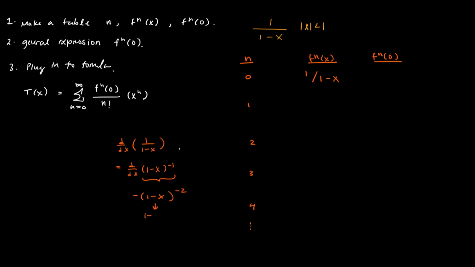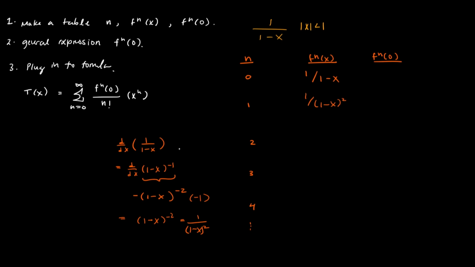The derivative of 1 minus x is negative 1, sorry. And we're going to multiply it by negative 1. So in the end, what we're going to end up with is positive 1 minus x to the negative 2, which is just 1 over 1 minus x squared. So let's put that into our chart, 1 over 1 minus x squared.